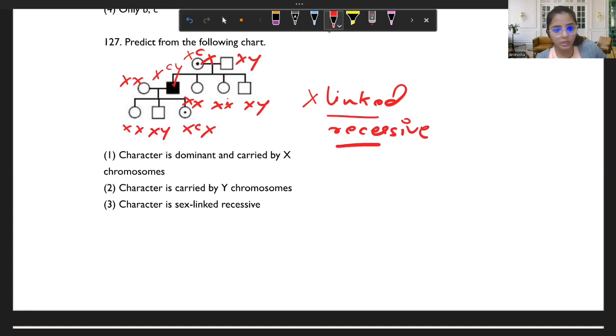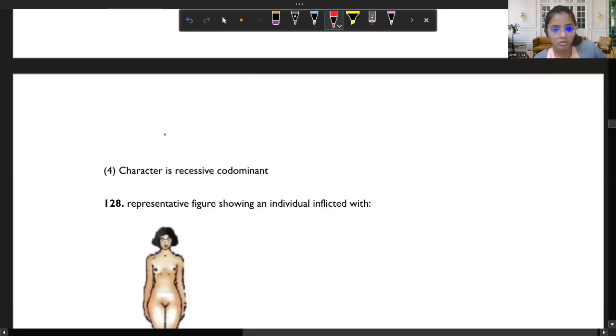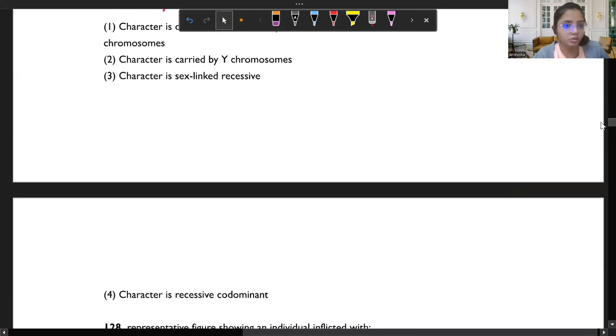So the answer would be: character is recessive, carried by X chromosomes. Character is recessive, but it is not codominant, so the fourth option is not the correct answer.